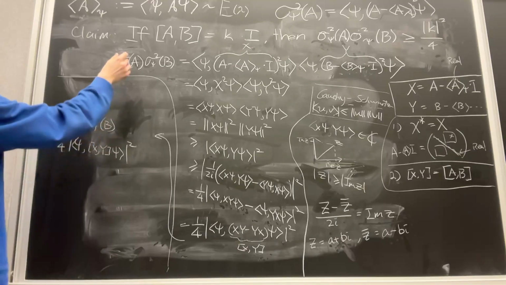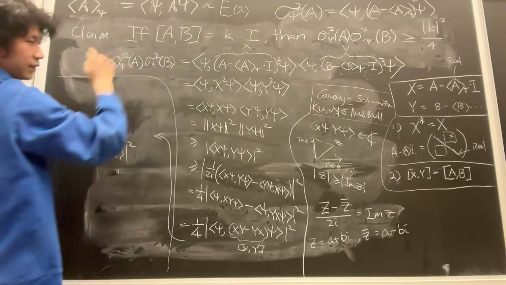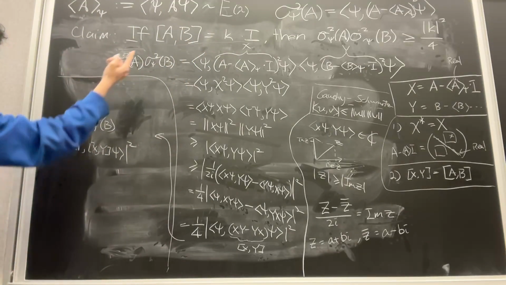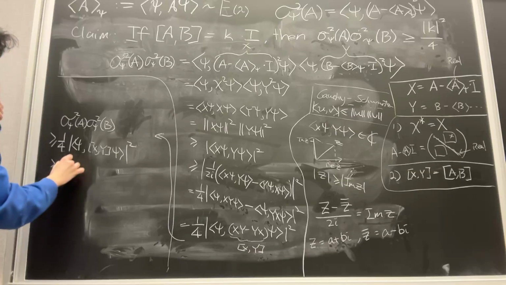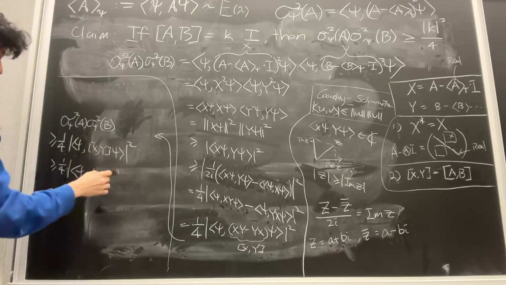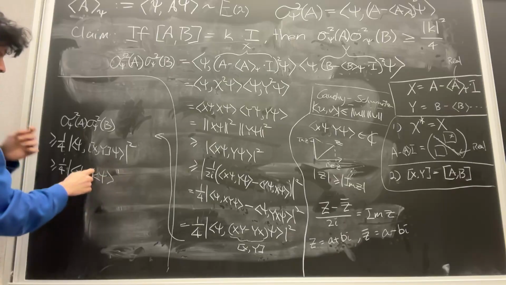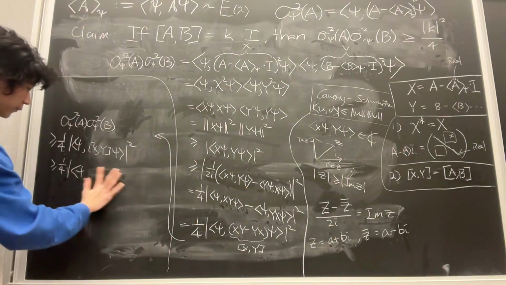We have from our claim that if the commutator is k times I, we can put that in. So it becomes just <psi, k I psi>. I times psi is just psi, so it's just k psi. K is a scalar, so we can pull it out of the inner product, right?